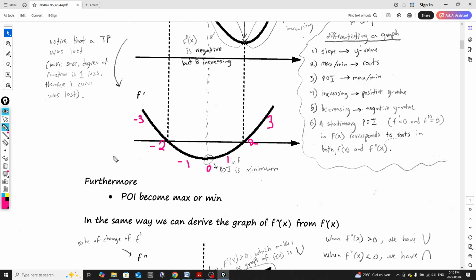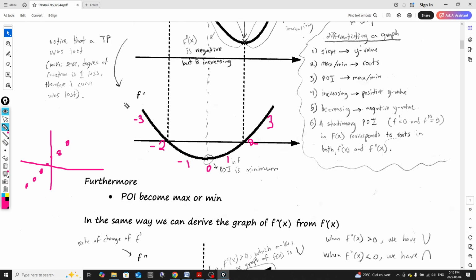Remember that when you differentiate a graph, those slopes become y values. What does that mean? If I were to draw this as a graph, I start out at a y value of -3, then go to a y value of -2, then -1, then 0, then 1, 2, 3, and so on.